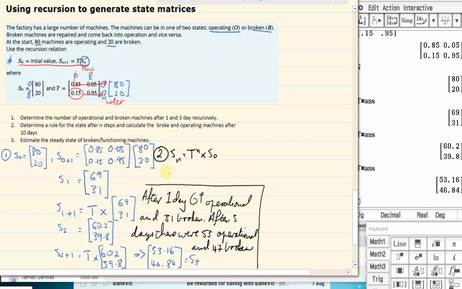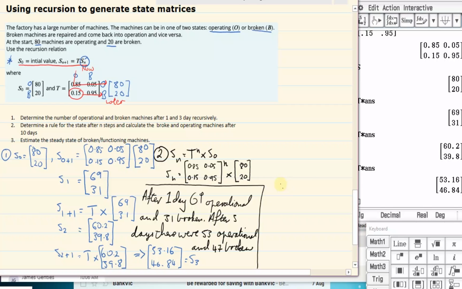Okay. So we can apply that. To write out the rule in full, we would want Sn is equal to the transition matrix to the power of n, multiplied by S0, which is 80 and 20.